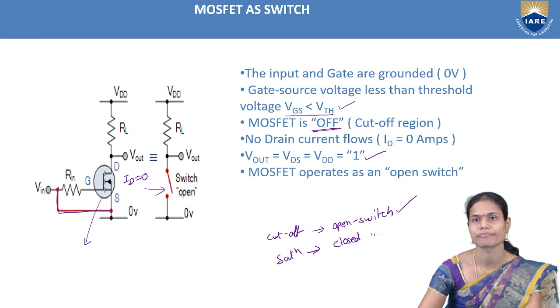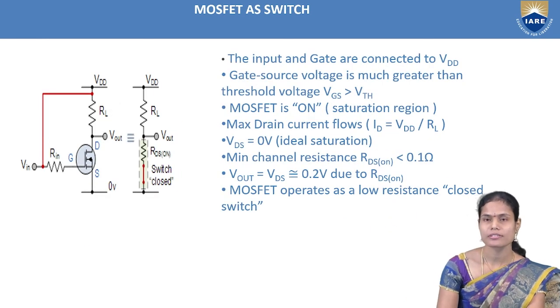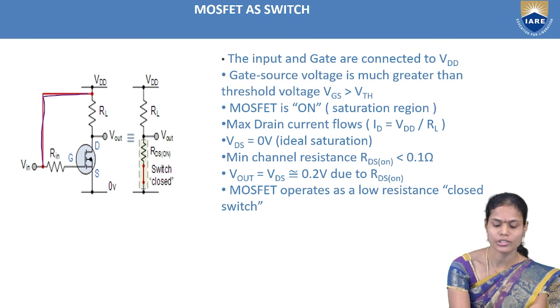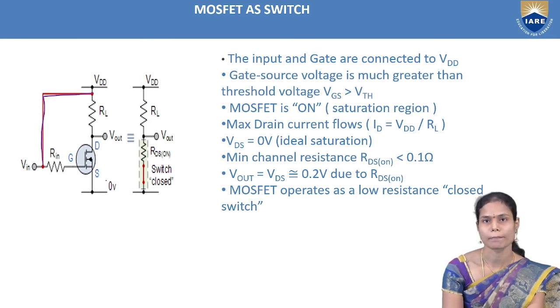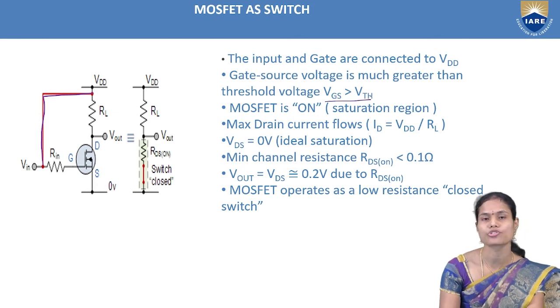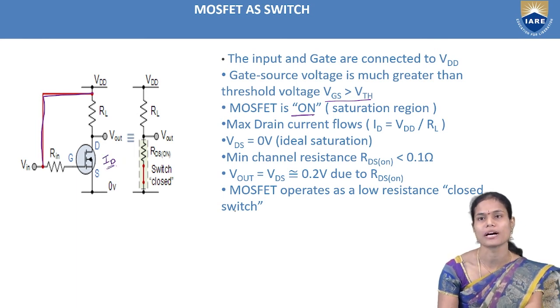threshold voltage. And next, we have to operate the MOSFET in the saturation mode to make it a closed switch. In that case, the input should be tied to the drain voltage or supply voltage, and we also need to maintain the gate to source voltage greater than the threshold voltage. If we maintain these two conditions, the MOSFET will operate in the saturation region and it will be on, so that the drain current will be flowing in the MOSFET.